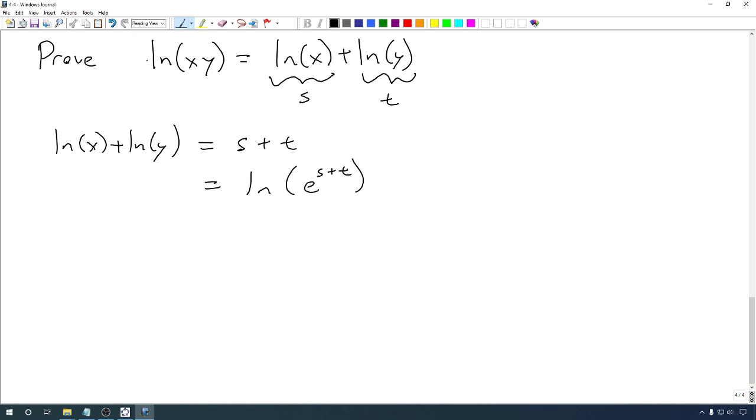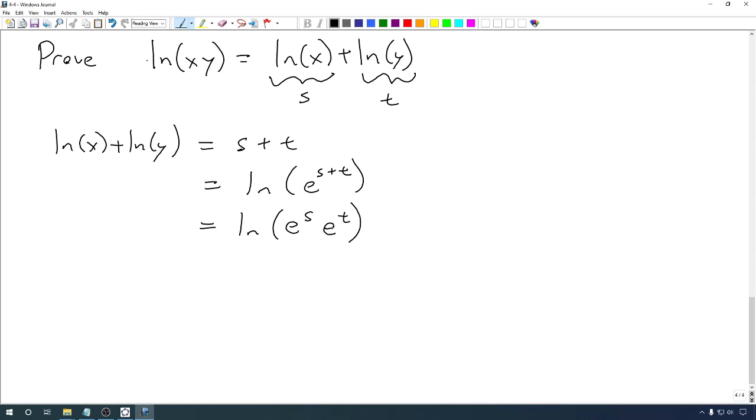Might seem a little weird to do it that way. Seems like we're just making things more complicated. But the point here is now I have e to a sum, and I can use my laws of exponents. That was my entire point, to try to get to a law of exponents. E to the s plus t is the same thing as e to the s times e to the t.